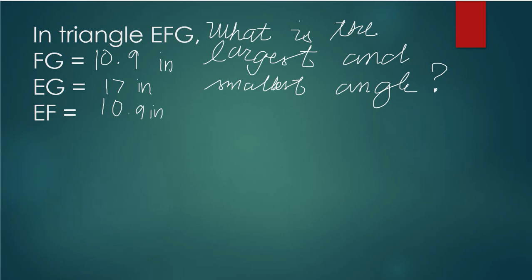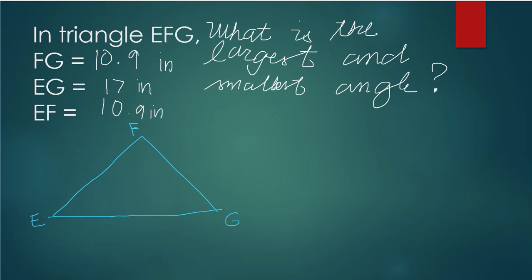Okay, because this is just an approximation at first, and you can adjust afterwards. So let's say this is the triangle EFG. So the triangle is not drawn on scale yet.